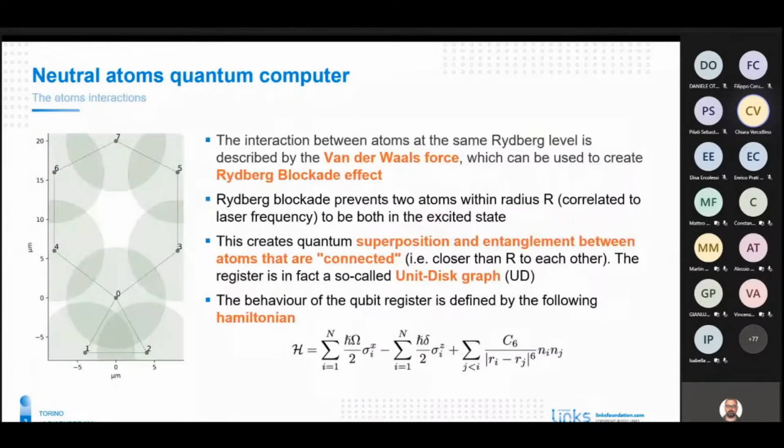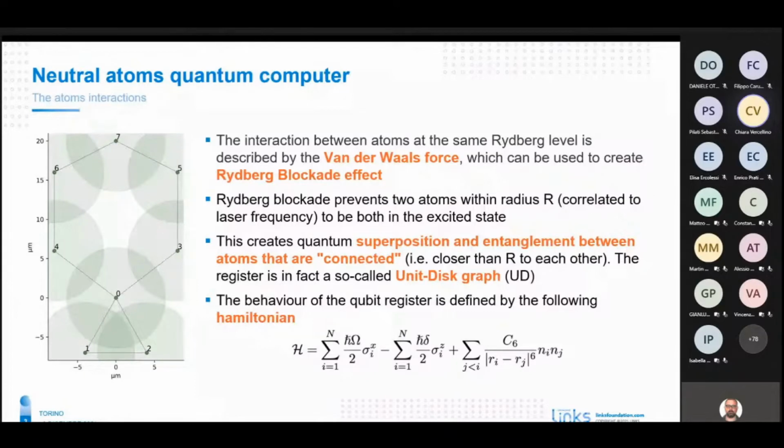To be more precise, the physics behind this register configuration exploits the interaction between atoms, which is based on van der Waals forces, and this kind of force induces the Rydberg blockade effect.